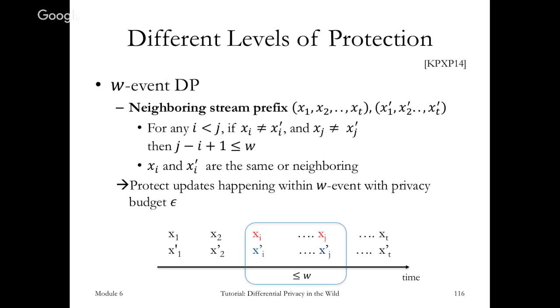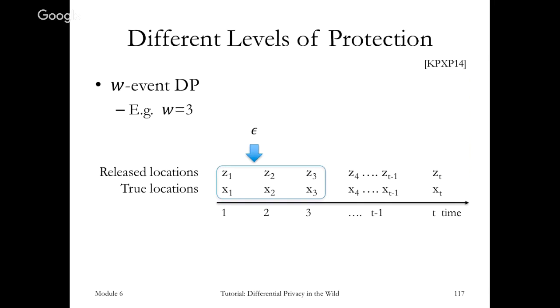The event differential privacy is a special case when W equals 1. Let's take an example when W equals 3. We want to ensure a window of size 3 satisfies epsilon differential privacy, and the same for this window.